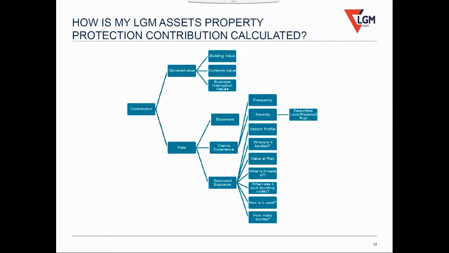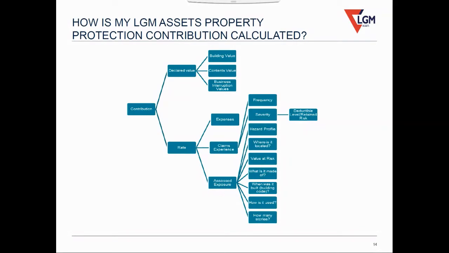So if we look at how your insurance cost is calculated, it's a function of the declared value, so the value that's actually at risk, and the unit rate. So that's the cost per unit of insurance, which is normally in the $1,000 unit. So your declared values are made up essentially of your building value, your contents values, and any business interruption values.